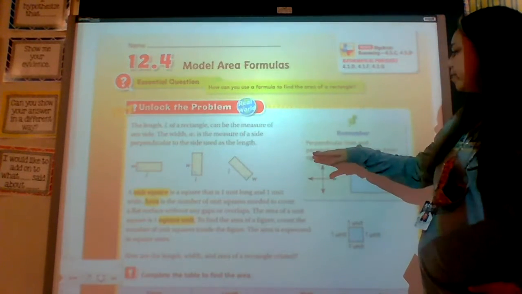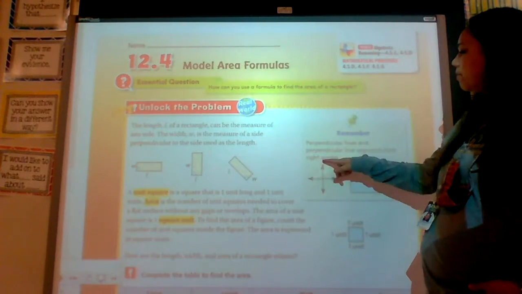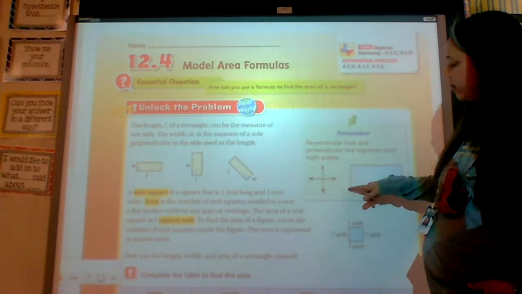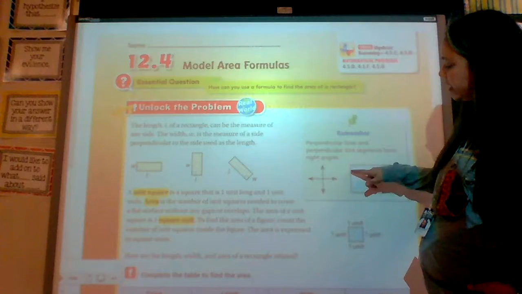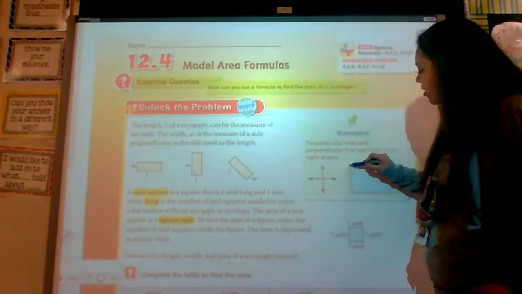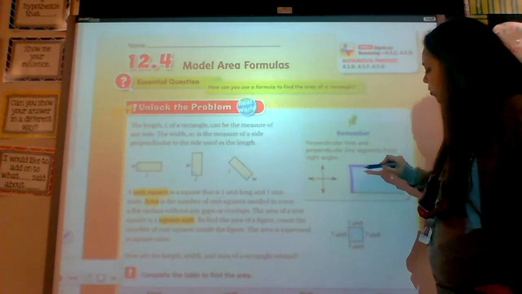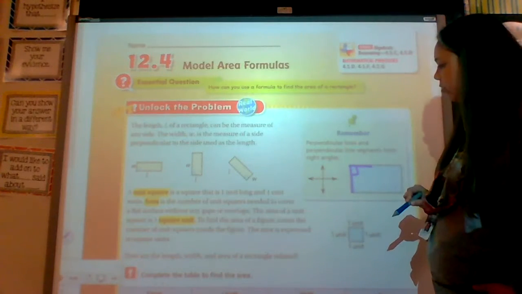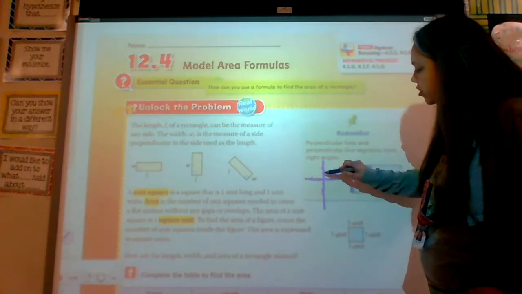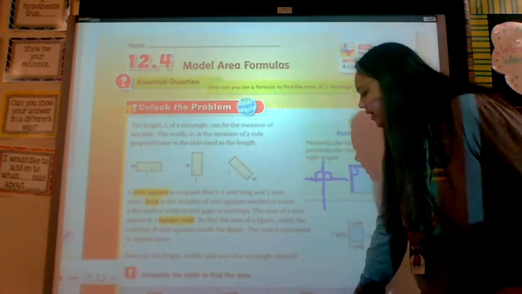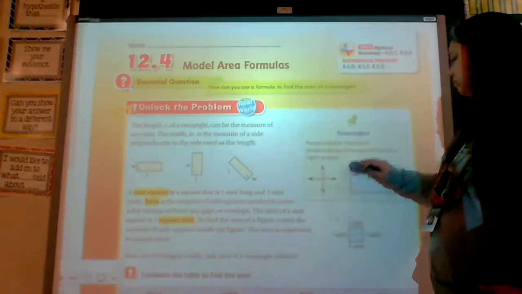Perpendicular lines and perpendicular line segments form right angles. I know you learned last year that right angles come together at 90 degrees. So this line right here is perpendicular to this one because it makes a 90-degree angle, just like these lines are all perpendicular to each other because they make those right 90-degree angles, okay?